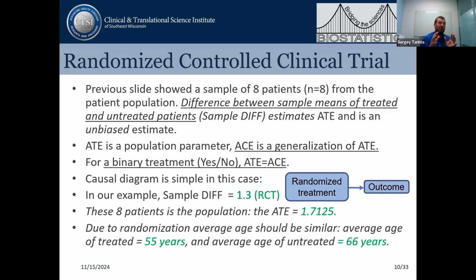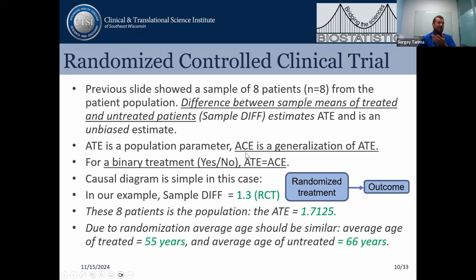Because the average treatment effect can only be estimated, we don't know it exactly, even though our population and sample are the same thing. We are evaluating every patient in our population, but we are not evaluating the same patient under both conditions. Only one of these conditions can be measured. Second point: the average treatment effect is a population parameter, and it's a special case of the average causal effect.